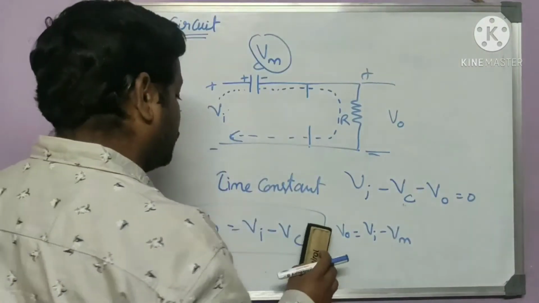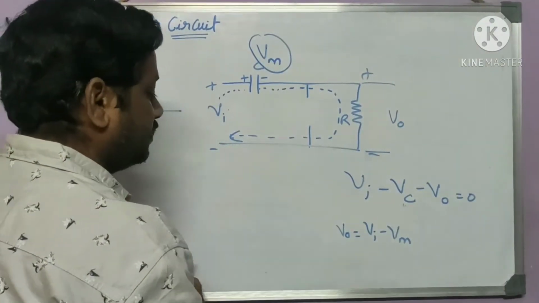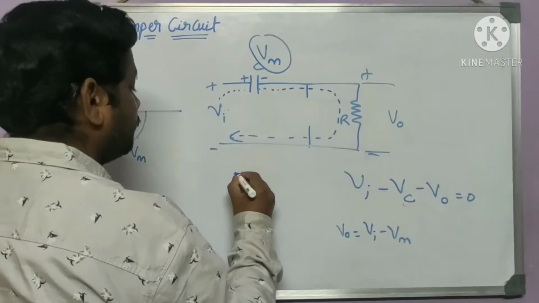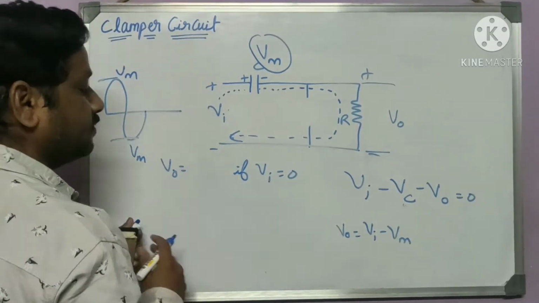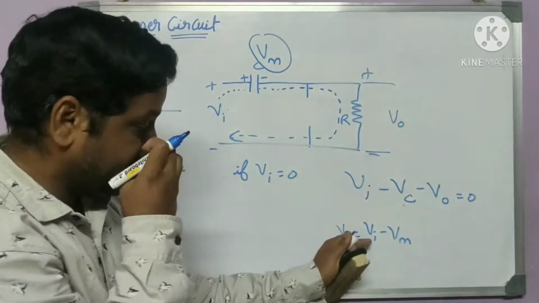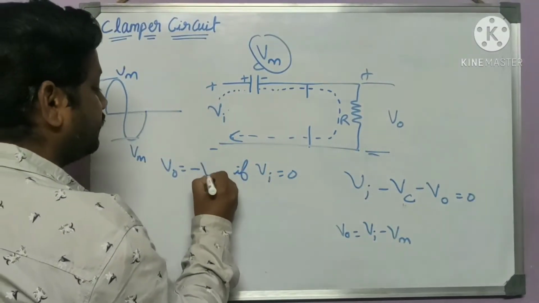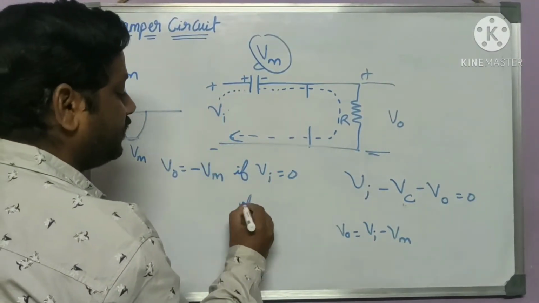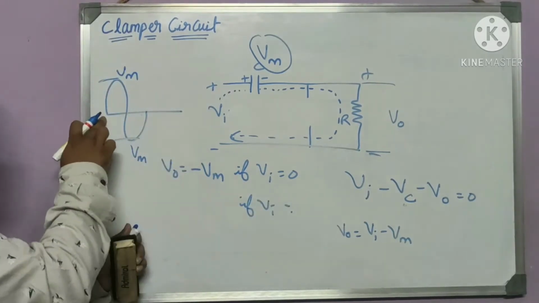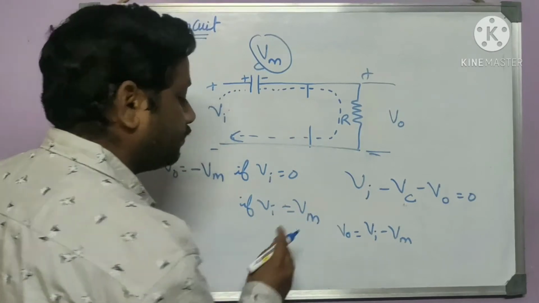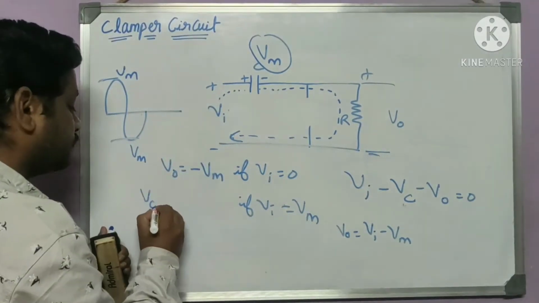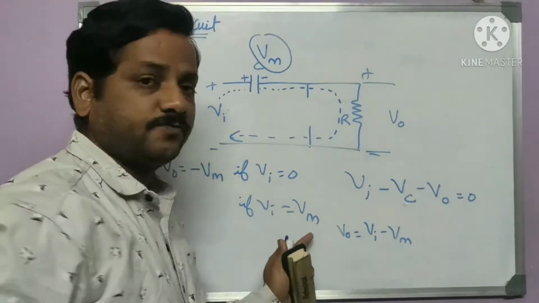So let's write that part here. If input is 0, we get V out as V in minus Vm. V in is 0, so we get minus Vm. Now if V in is equal to positive Vm, then the output voltage can be written as, in place of V in you put Vm.